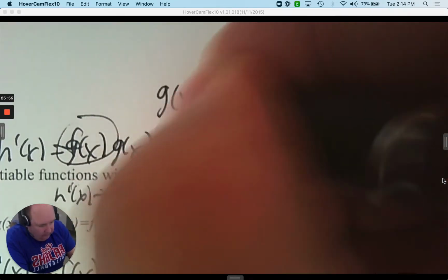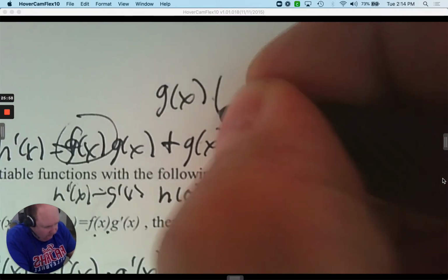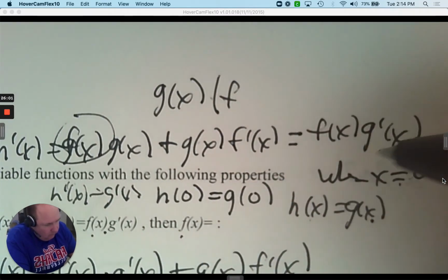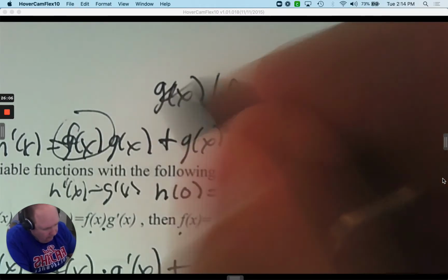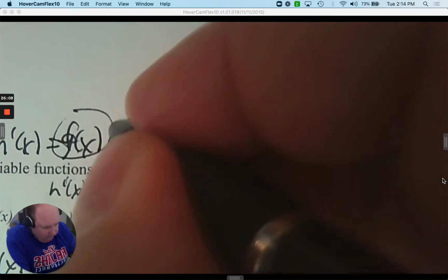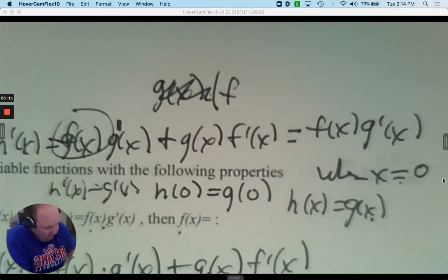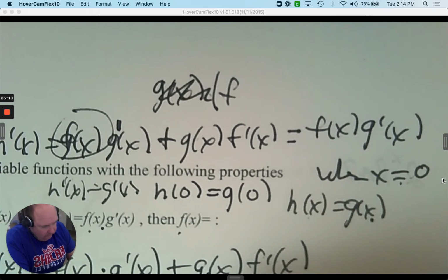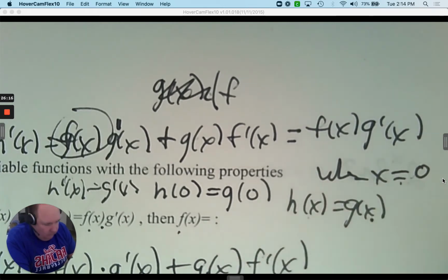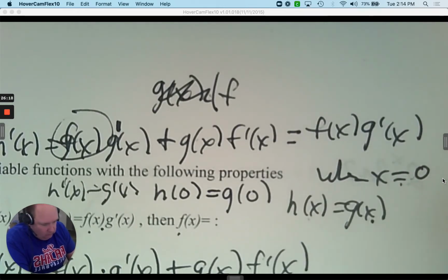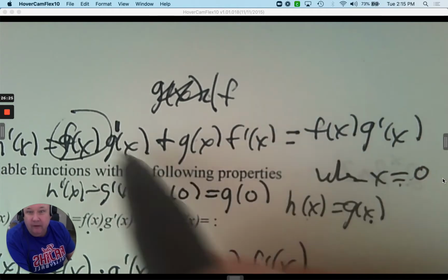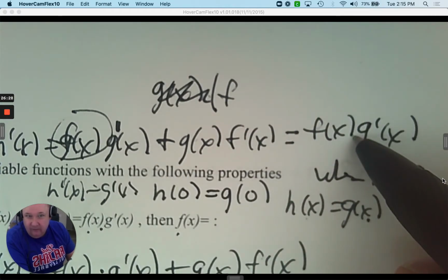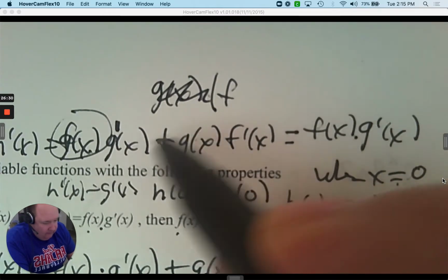So if I factor out a g at x, all right. So if I subtract these, so I have f at x times g prime at x.